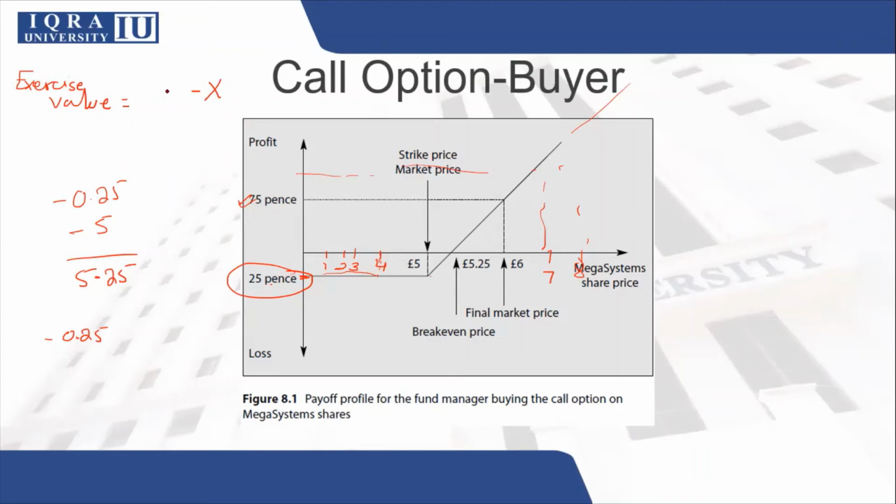And over here, you will have your spot price. I'm just going to note it by S naught. So this is your payoff function. In the second case, when the spot price was 6 minus 5, the exercise value was 1. Well, this is not your profit, remember, because you still have to deduct the amount that you had paid for the premium. So your profit was 0.75.